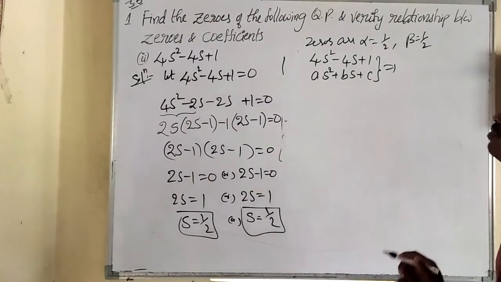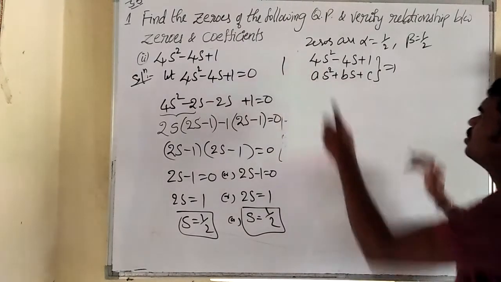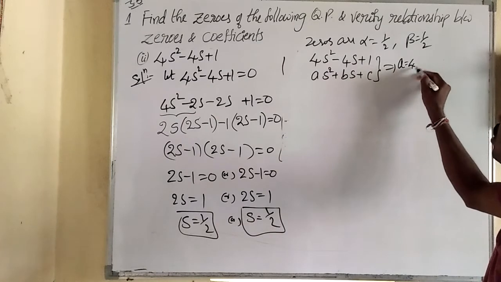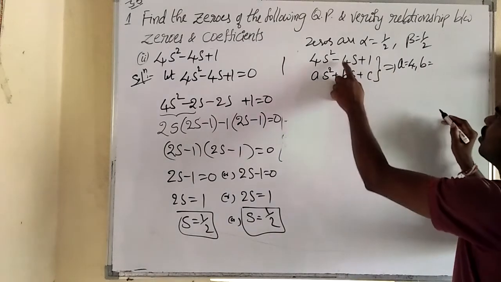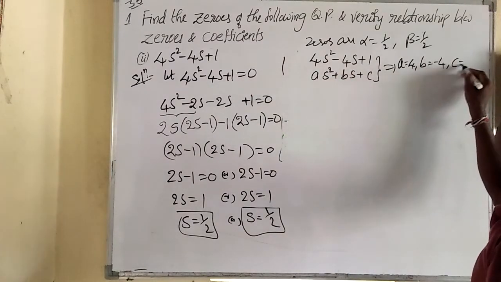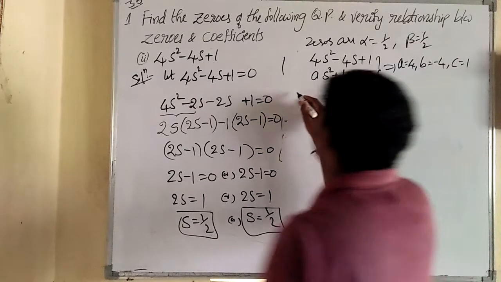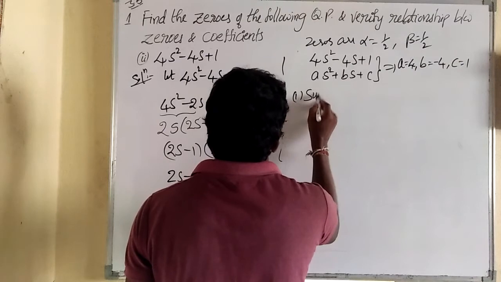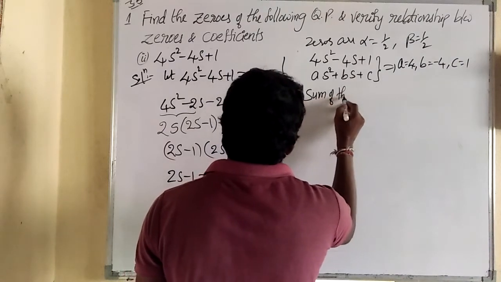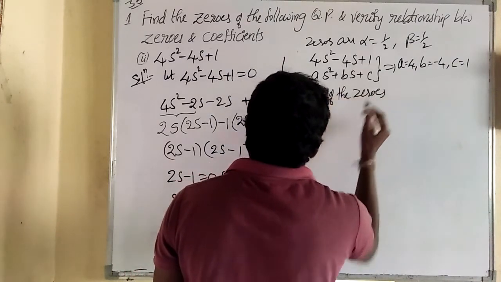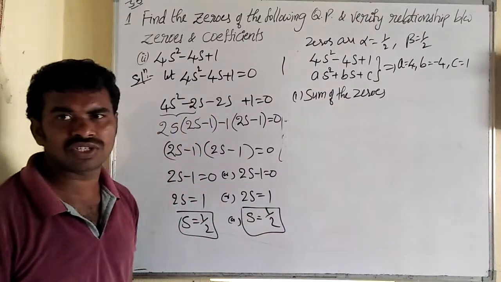Yes, very good. Now what is the a value? 4. What is the b value? Minus 4. What is the c value? 1. Now applying, first one is what? Sum of the zeros. What is the sum of the zeros?